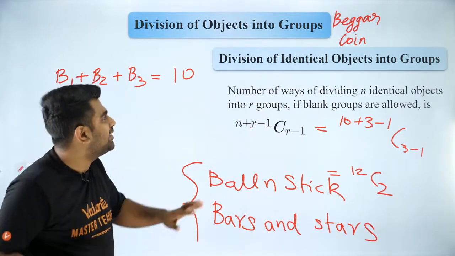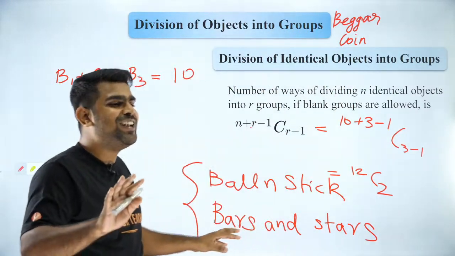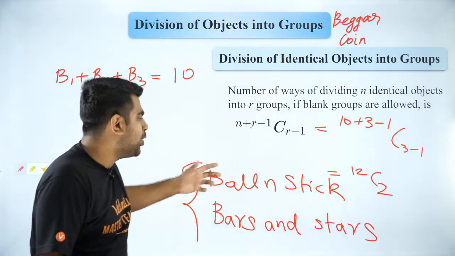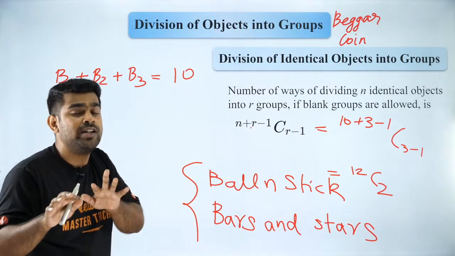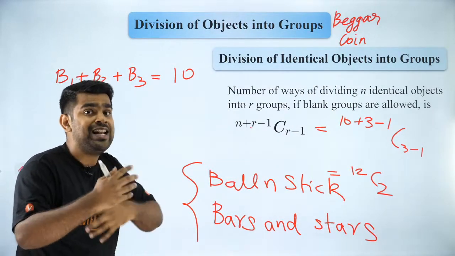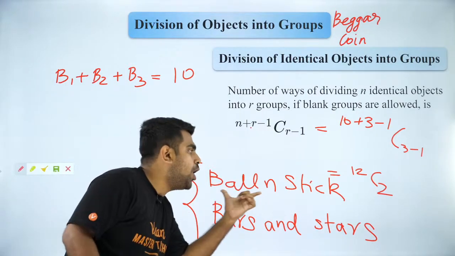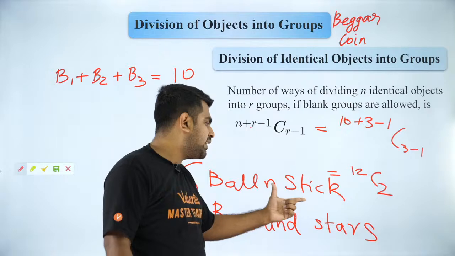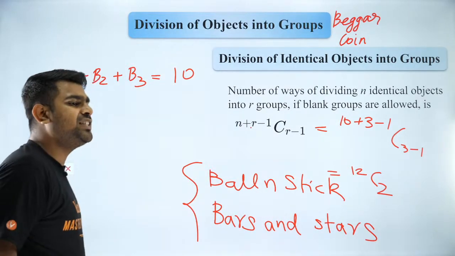But in India, we like to stick to beggar and coin. That's easier to understand. So if you want to Google it, if you want to search on the internet, and check whether you are on the right track, sir, are we talking about the same ball and stick method? Then you have to check it with this word. Okay. So let's derive it.